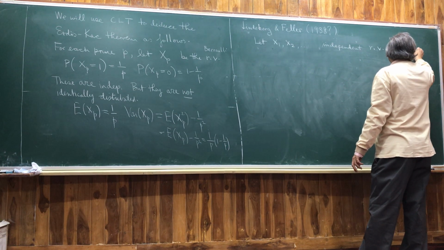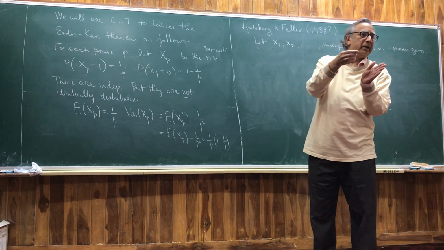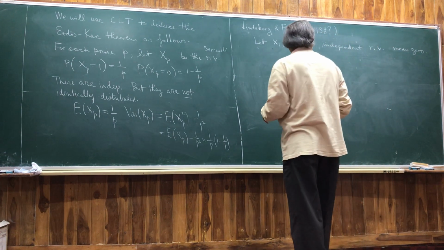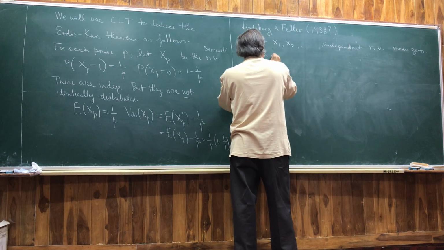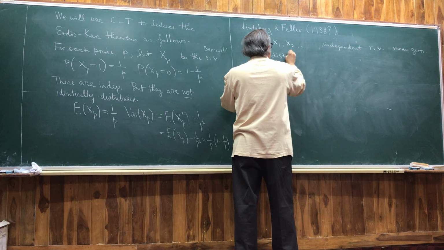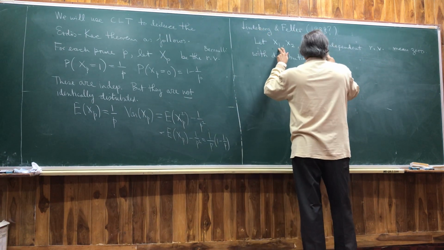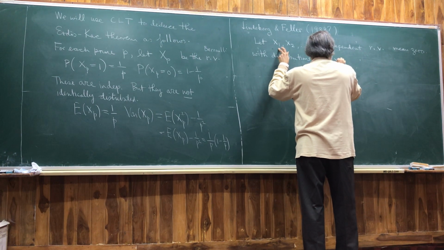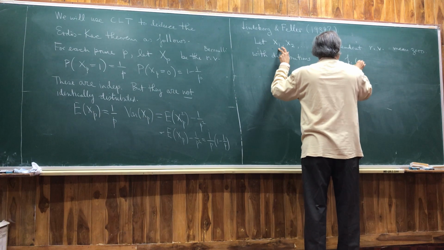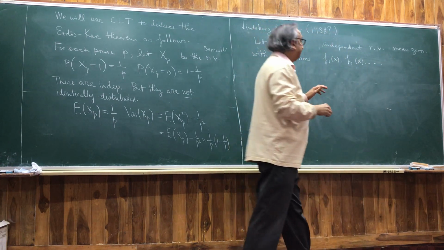You can, by the way, I told you, always take the thing and subtract the mean, to make sure everybody's got mean 0. And with distributions, let's call them f1 of x, f2 of x, dot dot dot, respectively.